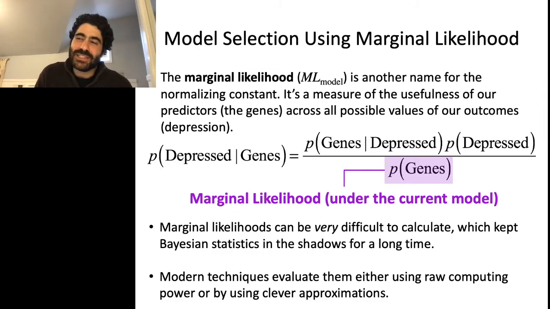There are also some ways to get around computing this explicitly, where you compute approximations to it. And we're going to talk today about some simple approximations we can use to estimate this thing. But the intuition here is that for any particular model, we can measure this P of the data on our data set, and that's going to tell us something about how good of a model this is for this particular data.